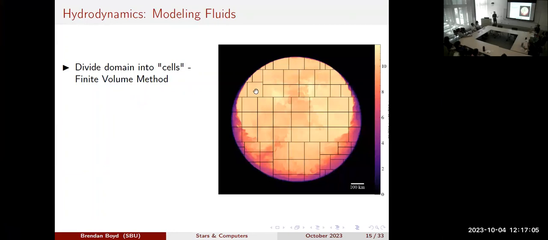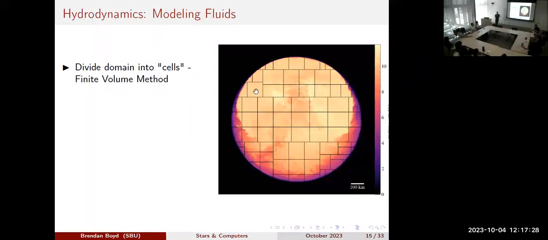So how do we actually make one of these things work? What we're doing is we're modeling fluids. White dwarfs are just like water or air, all the same things, all just fluids moving around. And the way that we try and simulate this is called the finite volume method.